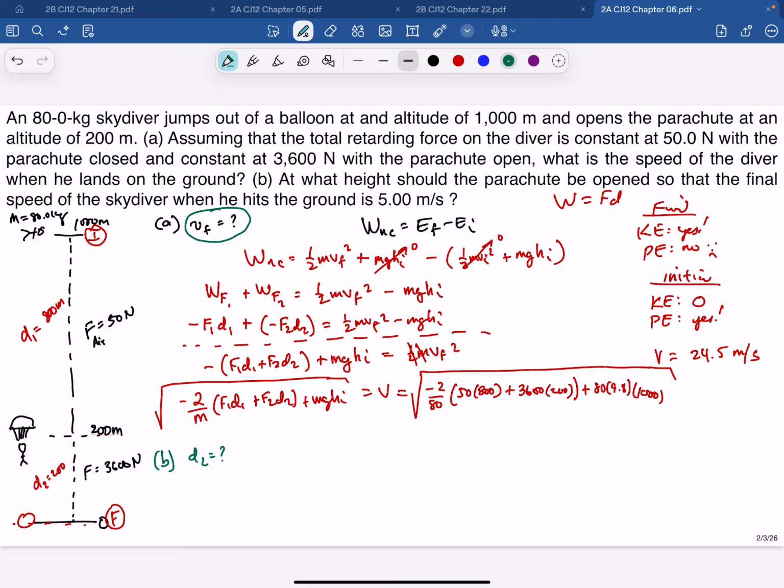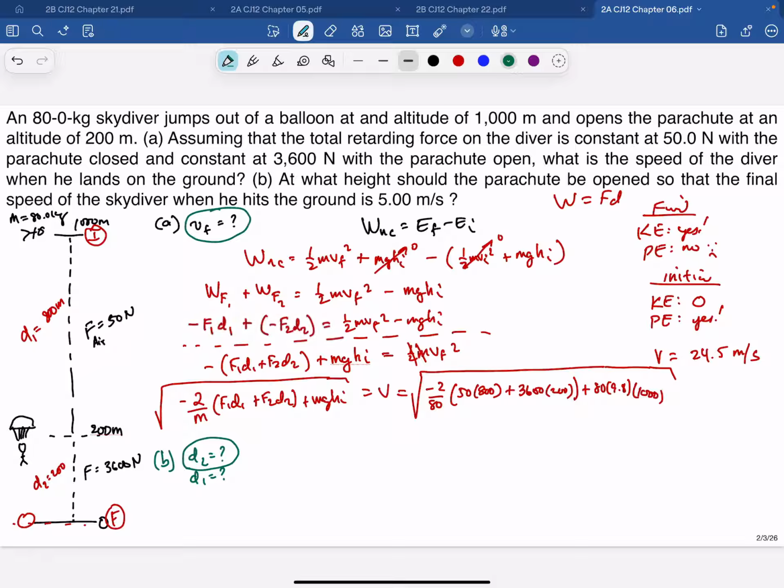Which means we also don't know D1. Yes or no? Yeah, we don't know D1, we don't know D2. Okay. Which one are we trying to find? D2. We want to know how high above the ground to open the parachute, right?